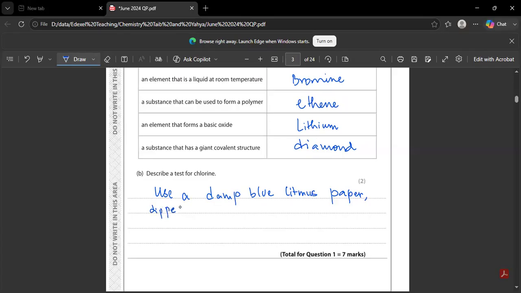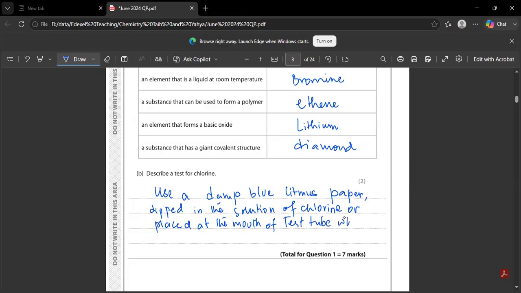Damp blue litmus paper in the solution of chlorine, or placed at the mouth of the test tube where chlorine is formed.